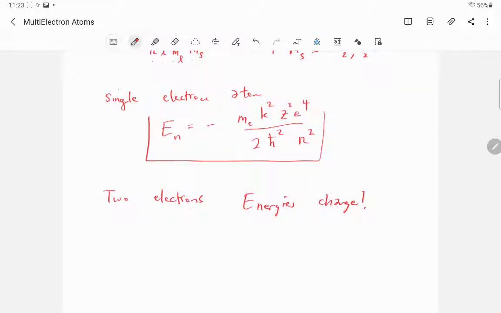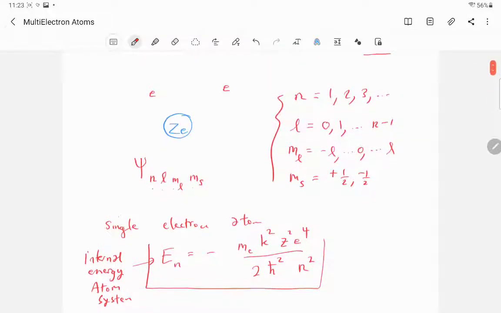And actually I hate making this mistake, but really, oh no, I didn't quite make the mistake. So this right here is the internal energy of an atom system, which includes, for this simple atom with a single electron, just the interaction energy, and also the kinetic energy associated with the motion of the electron.